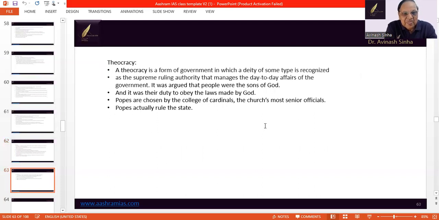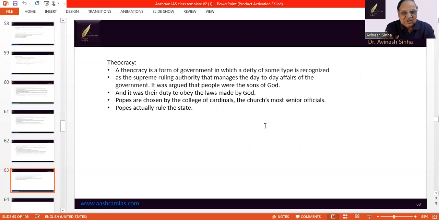Now, theocracy. A theocracy is a form of government in which a deity of some type is recognized as the supreme ruling authority that manages the day-to-day affairs of the government.